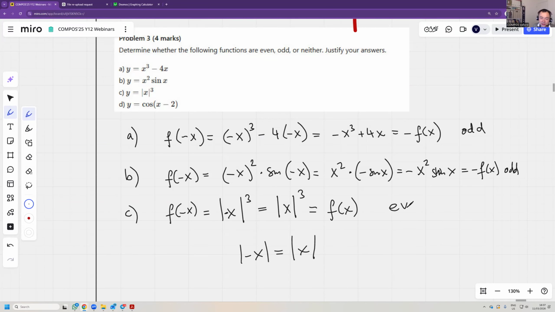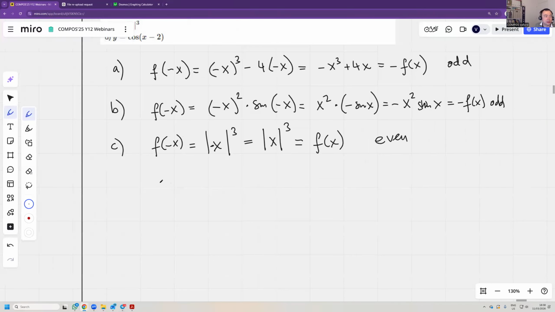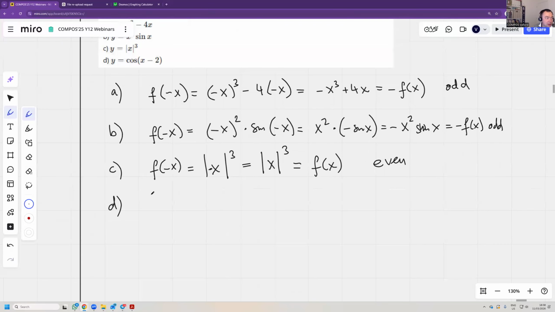So that means it's even. Does everyone know the definition of odd and even functions? I don't need to explain, right? If you don't, let me know. Happy to do that. And D is y is f of minus x. So we substitute. Okay, yeah, happy to.